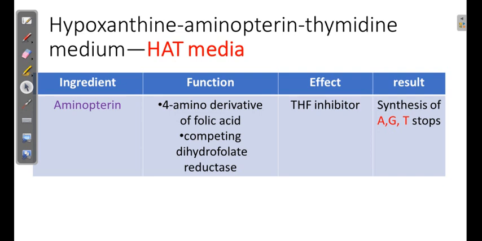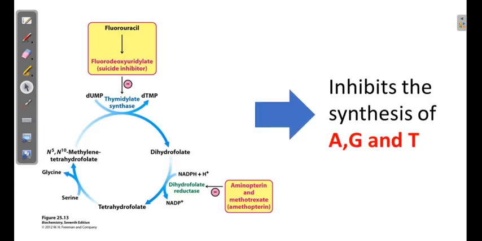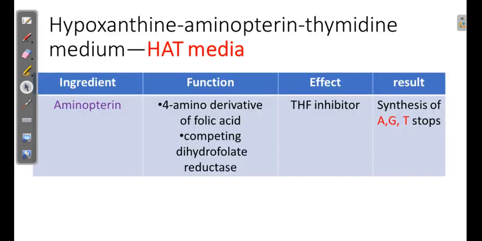Now, because the de novo synthesis pathway is not there to produce adenine, guanine, thymine and cytosine, obviously the cell is required to find alternative ways. And what is the alternative way? The alternative way is the salvage pathway. But here also, what is the condition?